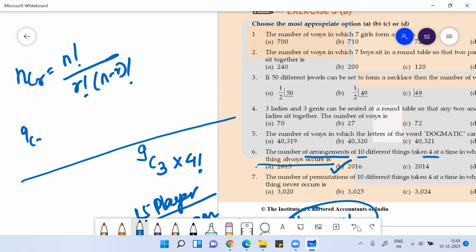So if I ask you what is the value of 9C3, that would be 9 factorial by 3 factorial into 9 minus 3 factorial. That would be 9 factorial by 3 factorial into 6 factorial.